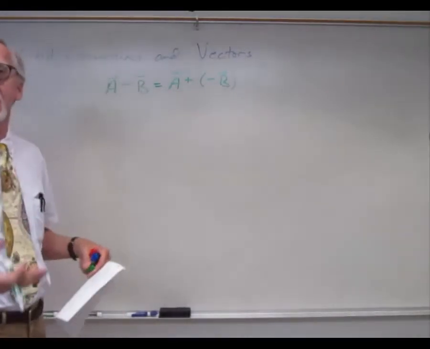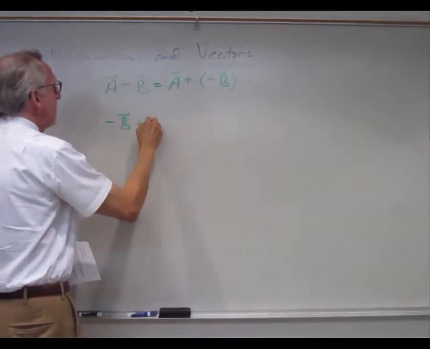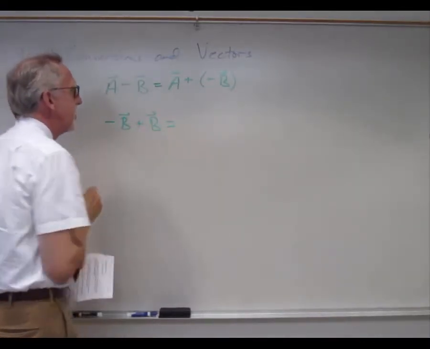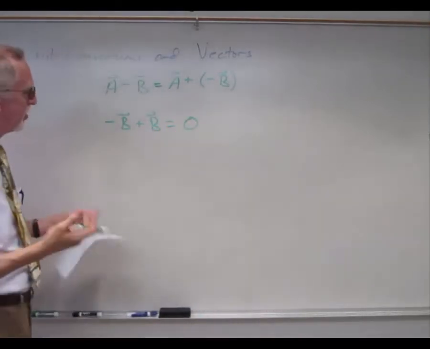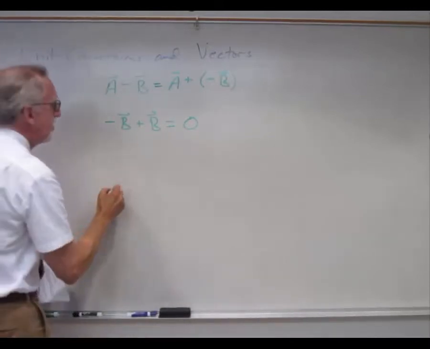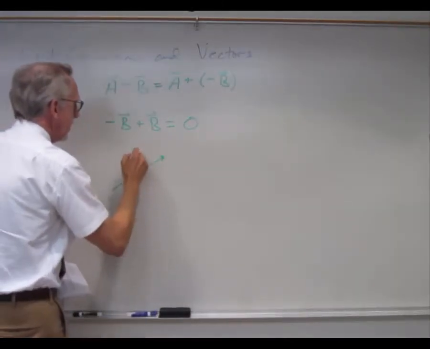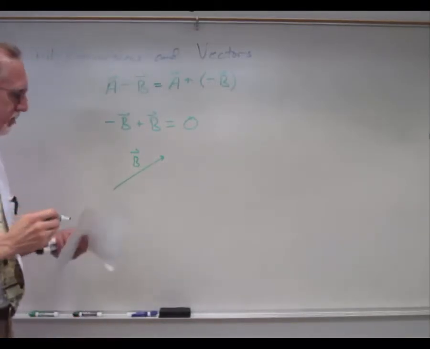But what is negative B? Well, negative B, we would expect to be a vector that if we added it to B, we got 0. So that seems right. Negative B plus B equals 0. But if we have a vector B, what would we add to that vector to get 0?